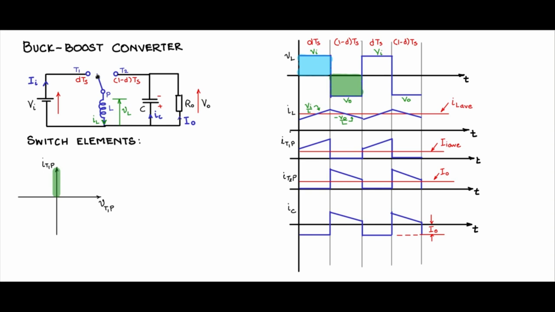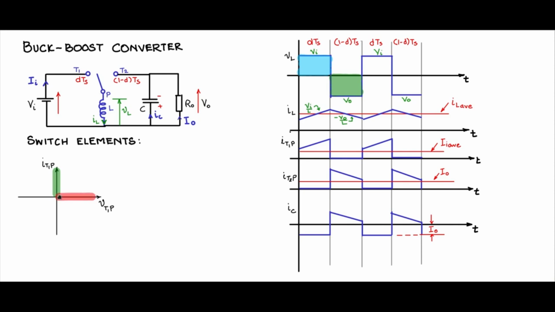Then when PT1 is open, PT2 is connected, the pole voltage is at minus V0 and the T1 throw voltage is at plus Vi. So throw T1 is at a higher positive potential compared to P, and therefore T1P should support positive voltage during the off condition.